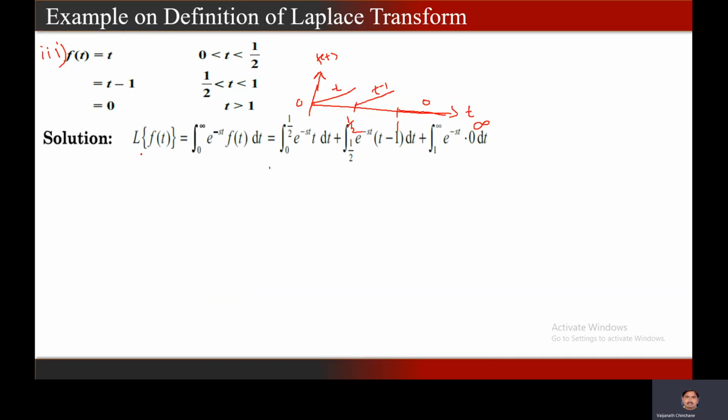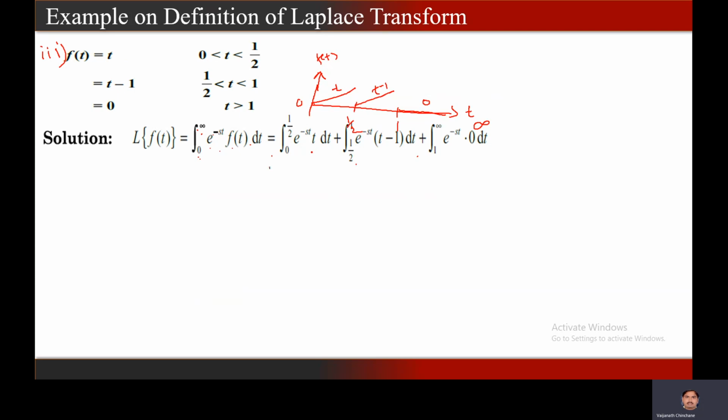Again we know that the Laplace transform L of f of t is equal to integration 0 to infinity e raised to minus s t f of t dt. What will this be equal to? We split this 0 to infinity according to the given condition: integration from 0 to half plus integration from half to 1 plus integration from 1 to infinity.